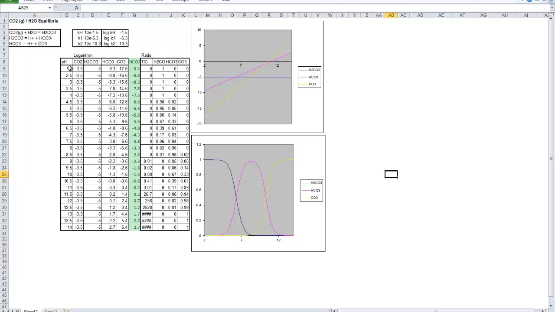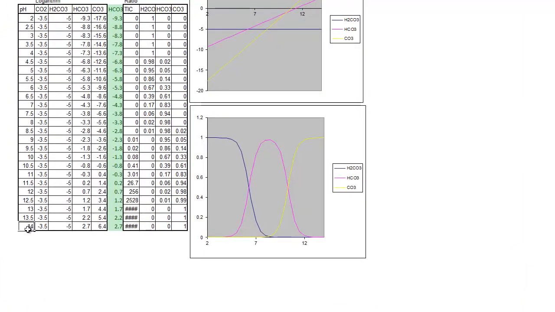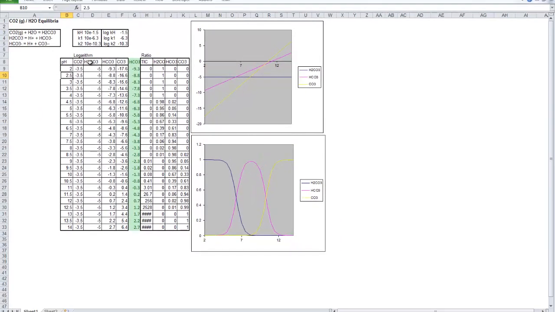Okay, so the pH we've got listed between 2 and 14, going up in half pH units, and we want to see the effect of pH on the distribution of these species of inorganic carbon.